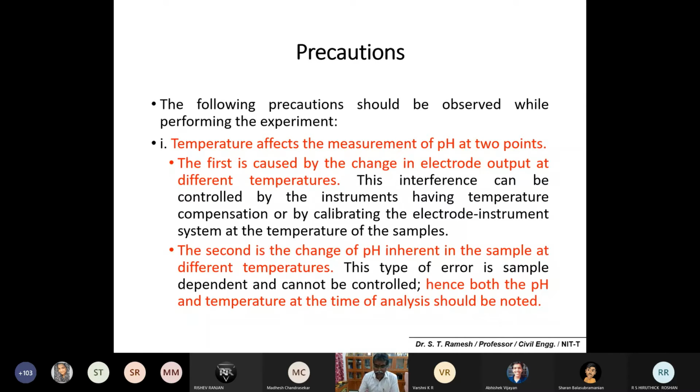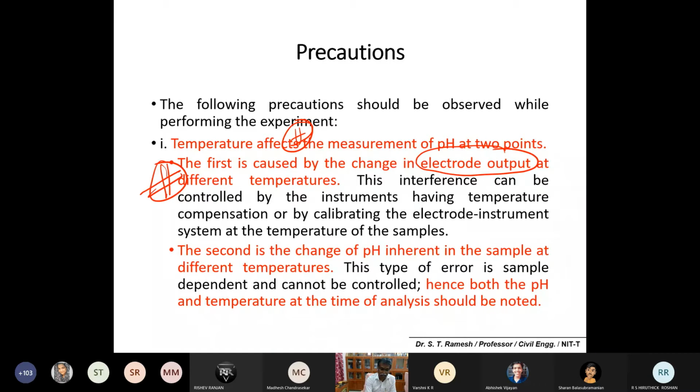Number one is temperature. Temperature plays a major role in the measurement of pH. Please make a note on this. The first is caused by the change in electrode output. Please make a note on electrode output at different temperatures.